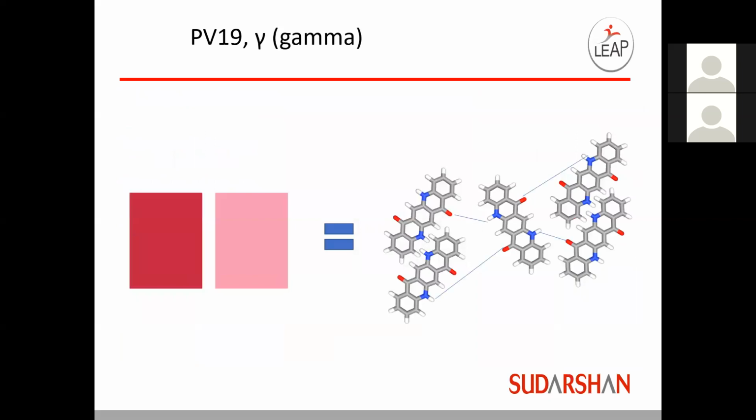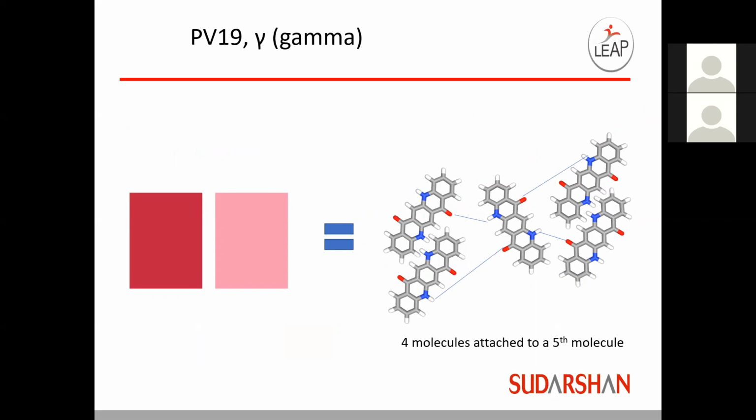To give you a little bit more of a flavor of that polymorphism, the way the gamma crystal of the violet 19 is put together is the more complicated of the two crystal structures.